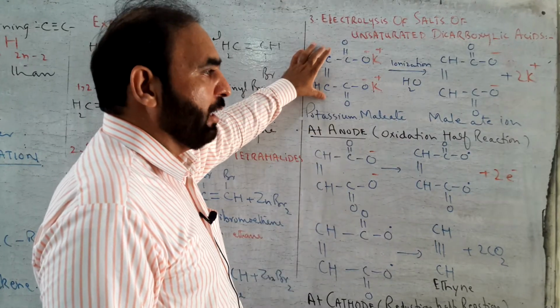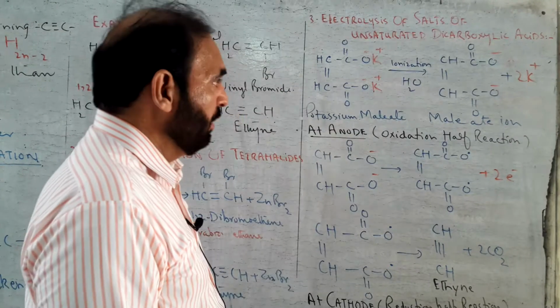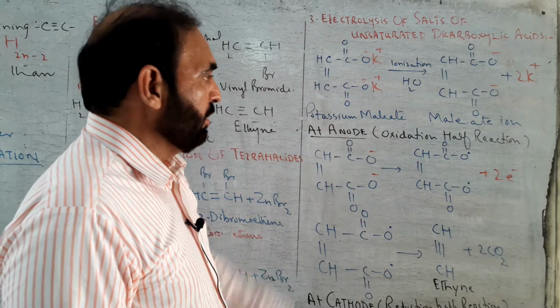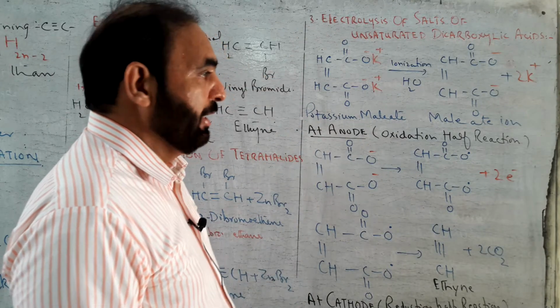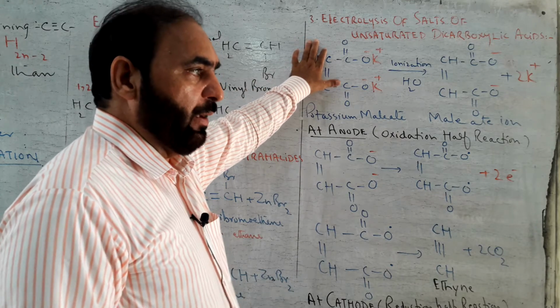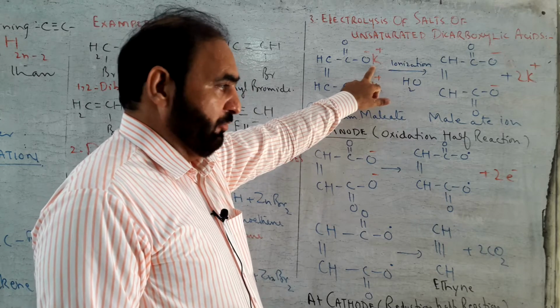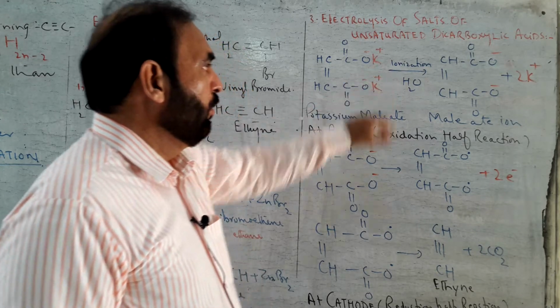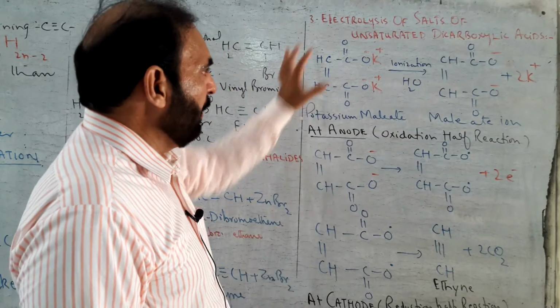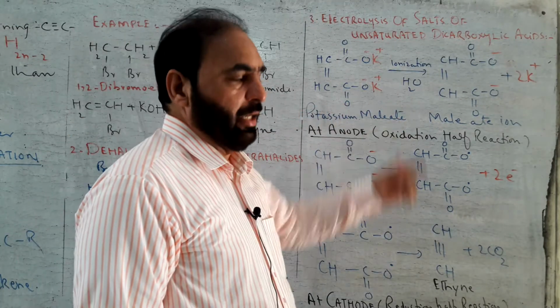Two carbon atoms are present in chain and two carbons are carboxyl carbons. And this unsaturated dicarboxylic acid is given the name maleic acid. When we replace hydrogen atoms of OH group with sodium or potassium, we get a salt. This particular one with potassium ion is potassium maleate.